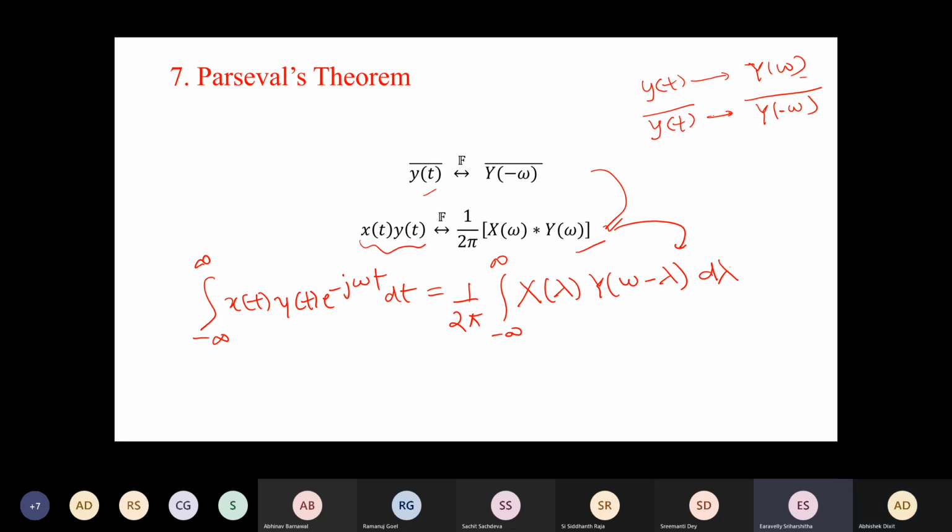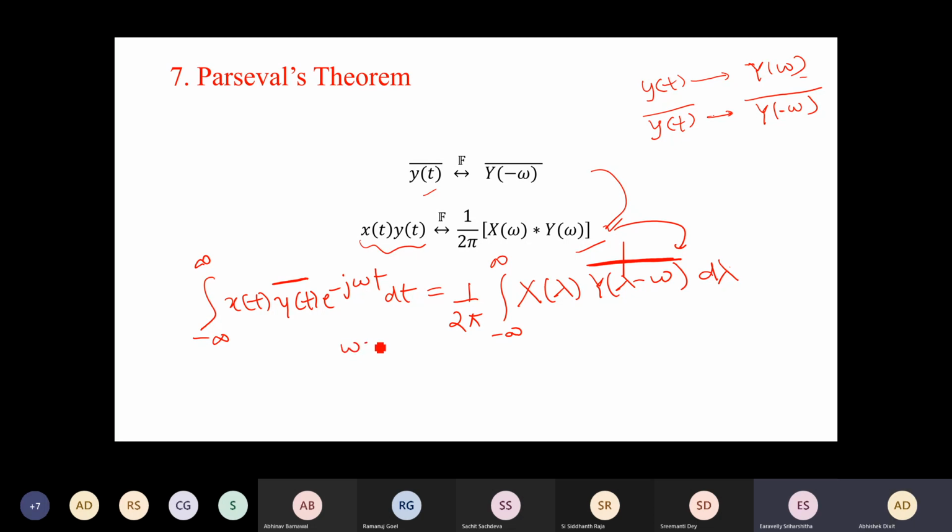Now, instead of y(t), I have y(t) conjugate. So instead of Y(omega minus lambda), what should I have? I should have Y(lambda minus omega) conjugate. And now I can put omega as 0, simplest.